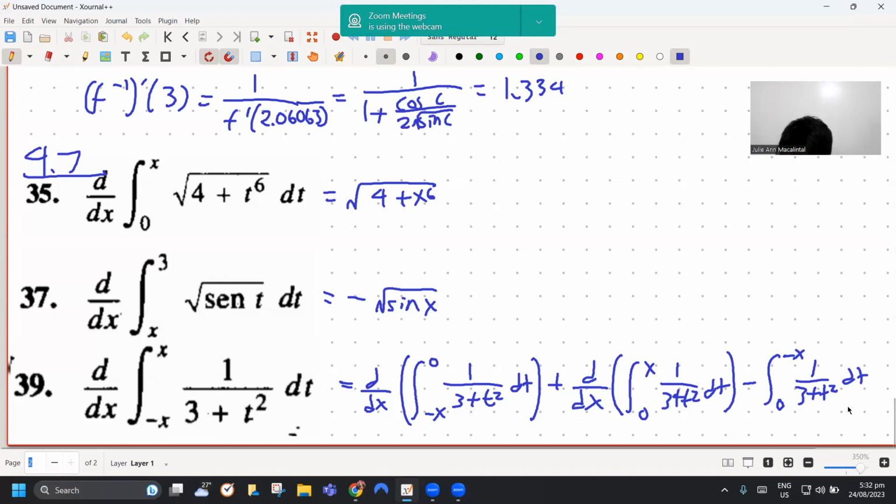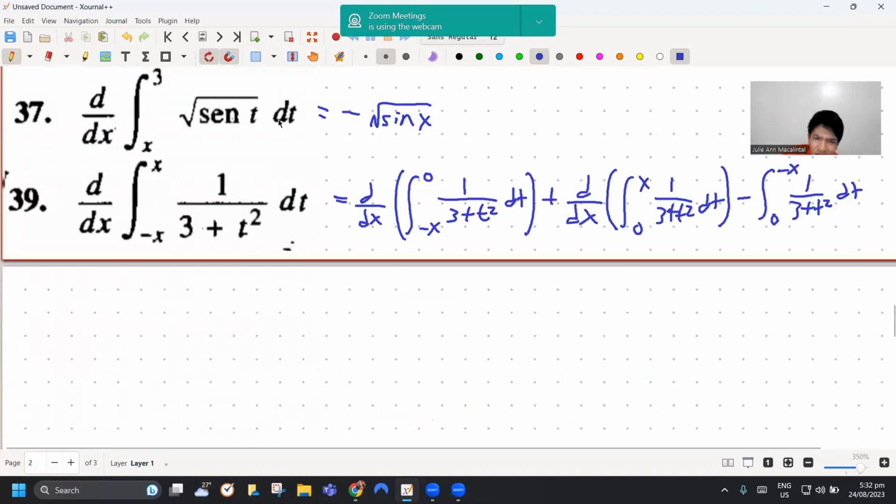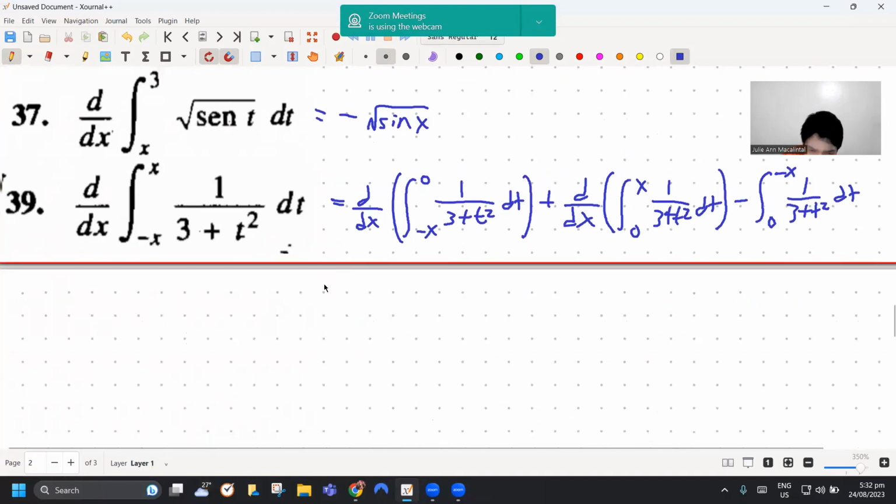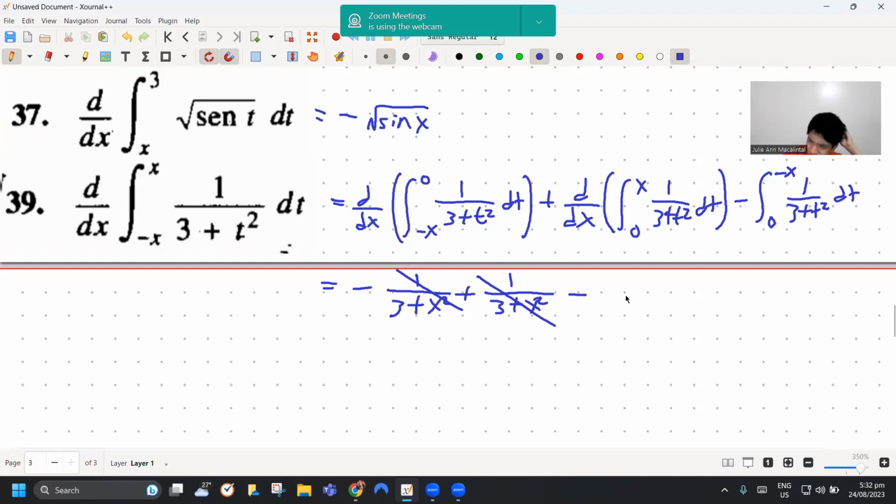Ano yan eh? Mas involved yan eh. So we get, here, it is 1 over 3 negative, and then the derivative of negative x is negative 1.